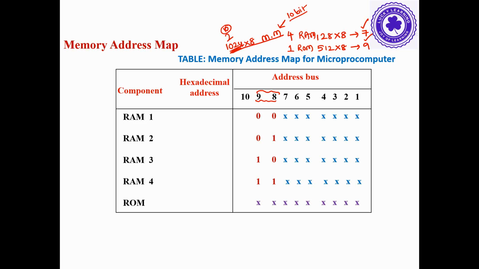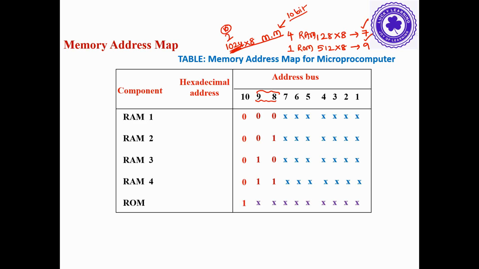But you observe these 1 to 9 bits are common for RAM and ROM. Whether the main memory address is referring to RAM or ROM is decided based on the 10th bit. If the 10th bit is 0, it means it is going to select a RAM chip. If it is 1, it is going to select the ROM chip.